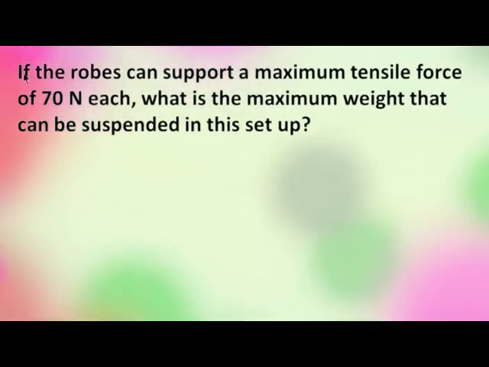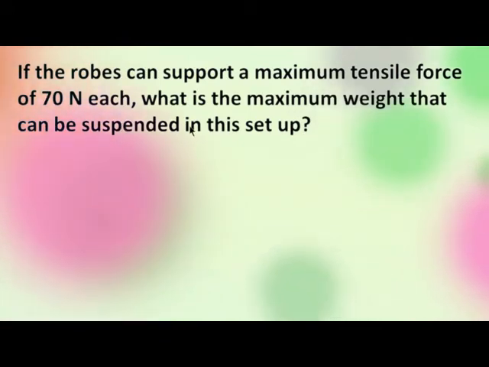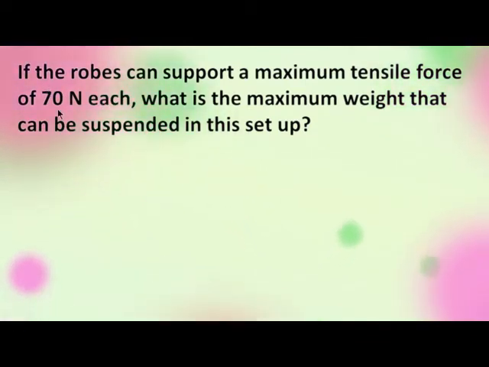Next, if the ropes can support a maximum tensile force of 70 newtons each, what is the maximum weight that can be suspended in this setup? Let's assume one of the ropes is at its maximum tension.